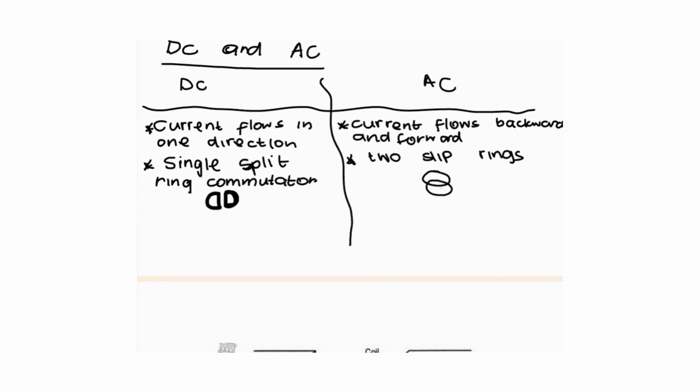That's how you tell whether you're looking at a DC or an AC, by looking at the structure of a generator, because you can have a DC generator, an AC generator, a DC motor and an AC motor. For a DC, you will see a split ring. For an AC, you will see slip rings. These are the differences between AC and DC.